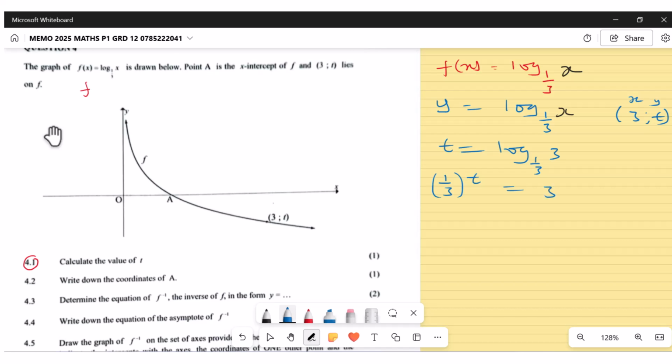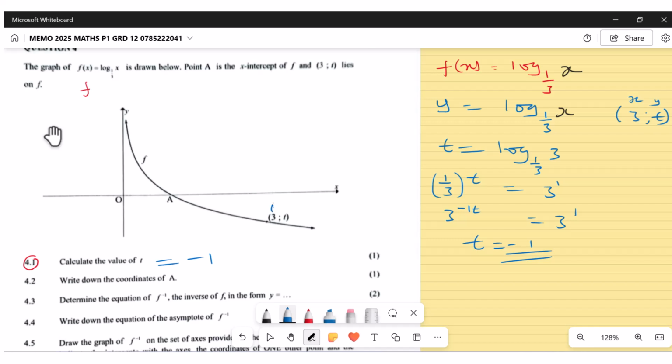Or you can get it directly from a calculator, by the way. But here I can say 3 to the power minus 1 times t equals 3 to the power 1. Because I have the same base, my t equals negative 1. So this point is (3; -1).